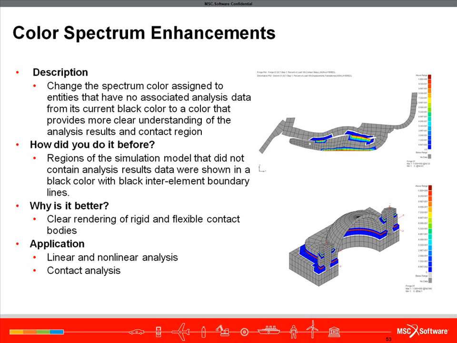With this enhancement, you can change the spectrum color assigned to entities that have no associated analysis data. So clearly, the advantage is you can now have a much clearer rendering of rigid and flexible contact bodies, as you can see on the screen, and it is applicable both in linear and nonlinear analysis, and especially contact analysis.